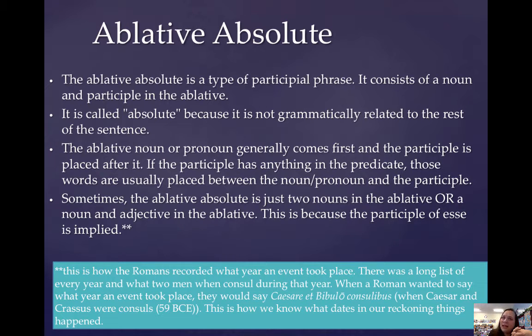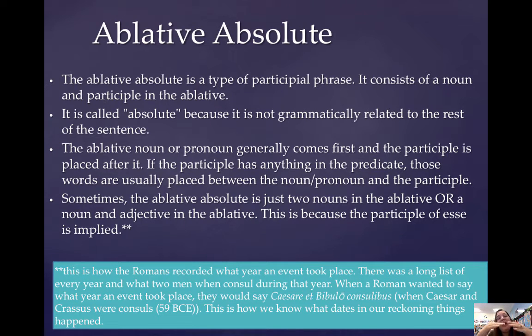Now, why am I telling you this? Because when you have two nouns in the ablative that are forming an ablative absolute with the implied participle to be, this was actually the way that the Romans recorded dates, years in Roman history. There was a long list in Rome of every year and the two men who were consul during that year. And this is how the Romans said this took place in what we would call, say, 42 BC, 44 BC, 197 BC, whatever.